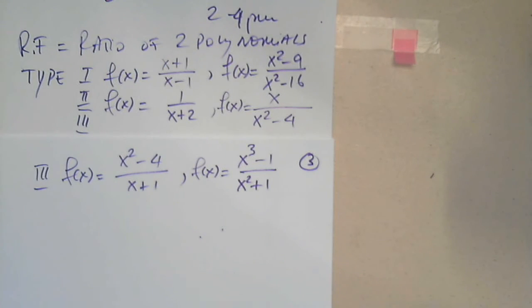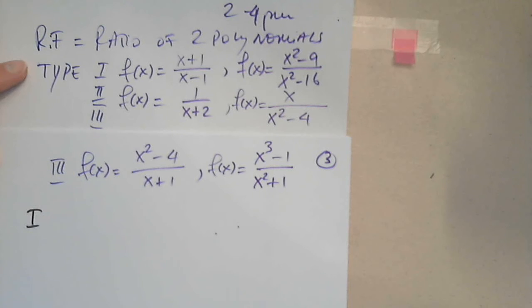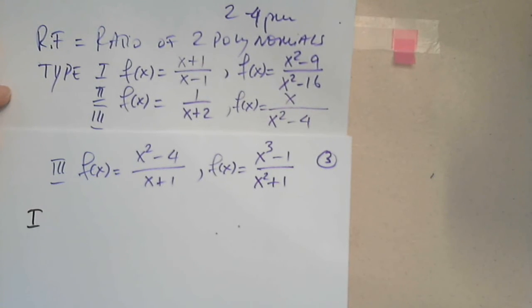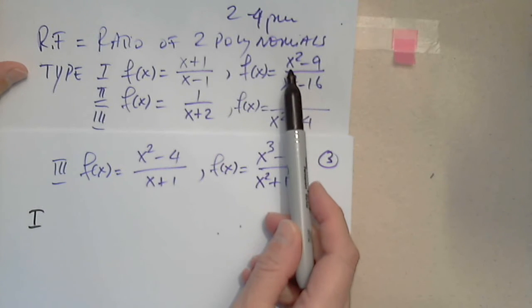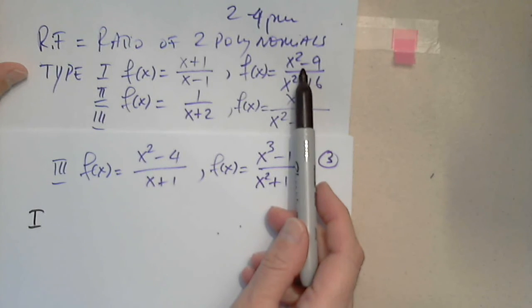What is the property that these two have? For type 1. All the exponents are there. It's not missing anything. No. So for example, here the degree is 2, but there is a missing term.